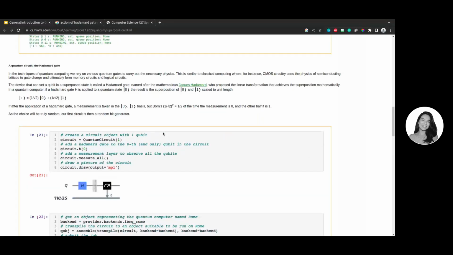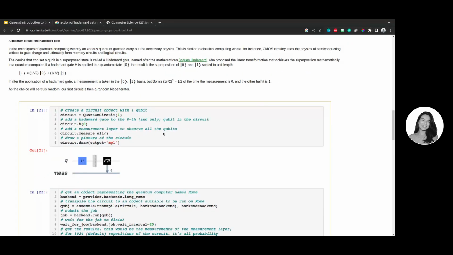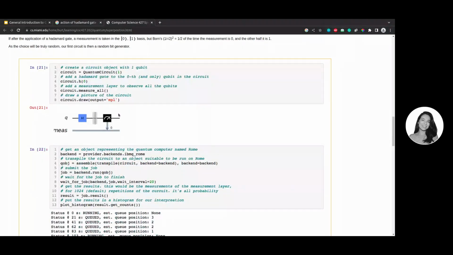Okay, this is, for example, a Qiskit program. Qiskit is the IBM quantum platform for using quantum computers. So they have created a quantum circuit that has one qubit. Qubits are initialized to the state 0 at the very beginning. So they have applied the Hadamard gate.